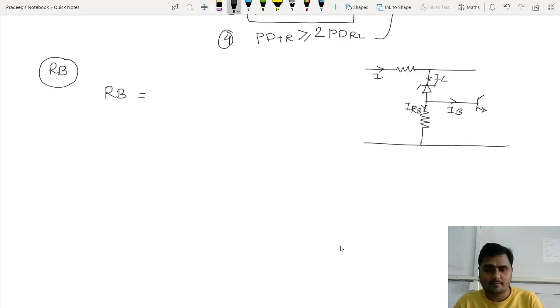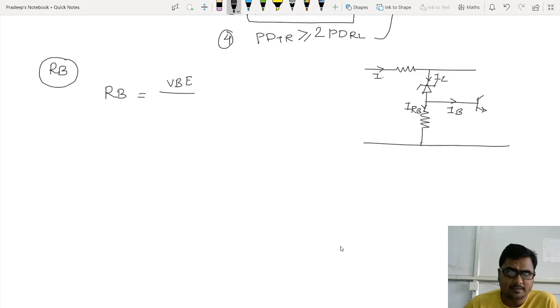Now we have the option: I can take RB equal to VBE divided by IRB. Why? Because this voltage is how much? This voltage is VBE. Look at this, the base to emitter voltage I am talking about. So the base to emitter voltage means the voltage across RB. Is it?